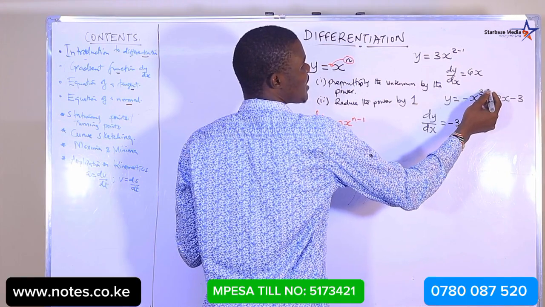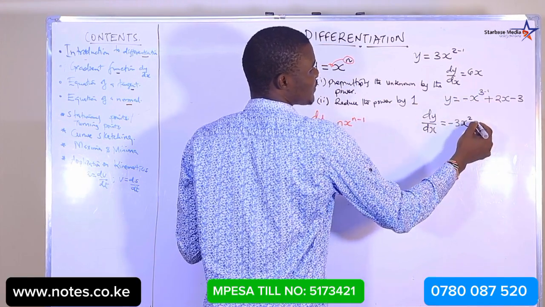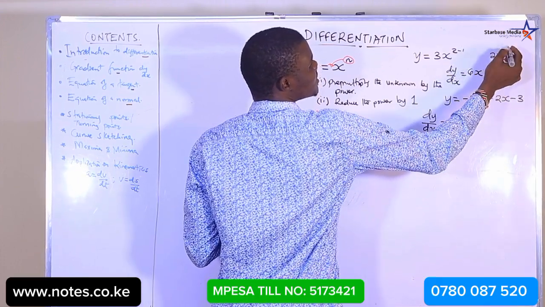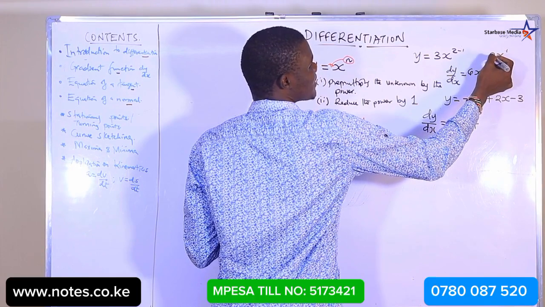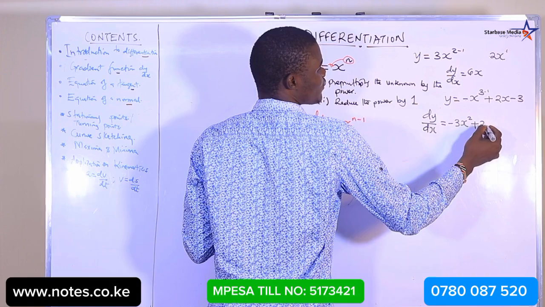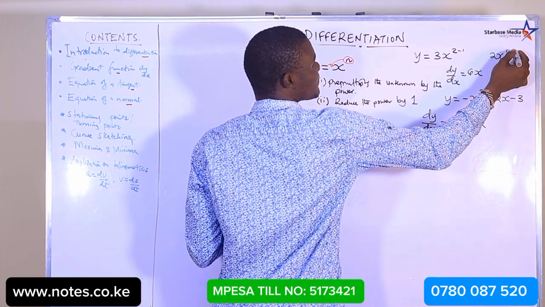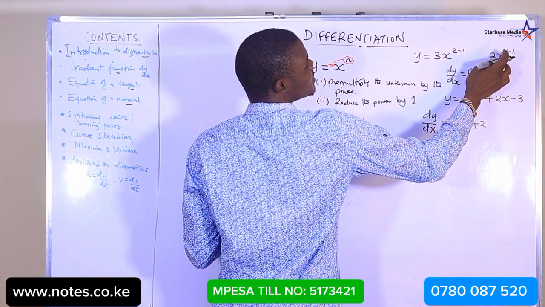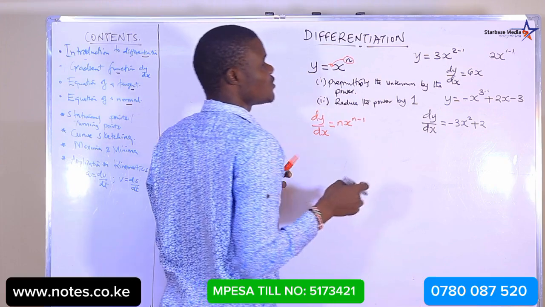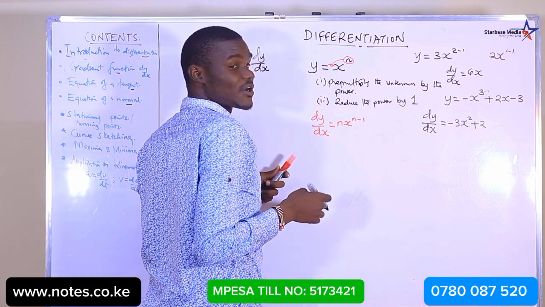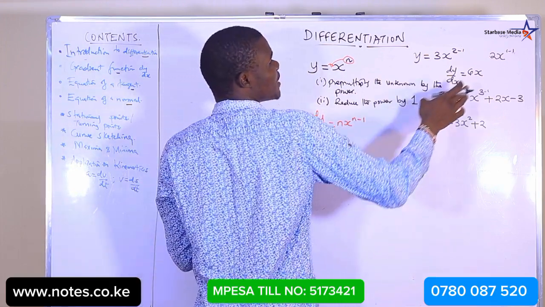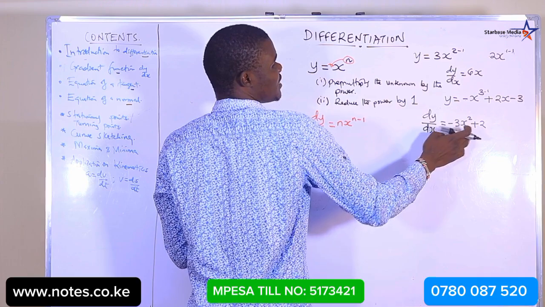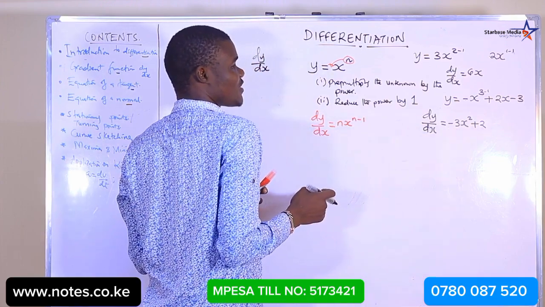Then you reduce the power by 1, so it becomes squared, then plus. Remember 2x is like 2x raised to power 1. So when you multiply this by this, it becomes 2. Then when you reduce the power, it becomes 1 minus 1, which is 0, and you know any number raised to power 0 is 1. So this is going to be our differential or our gradient function.